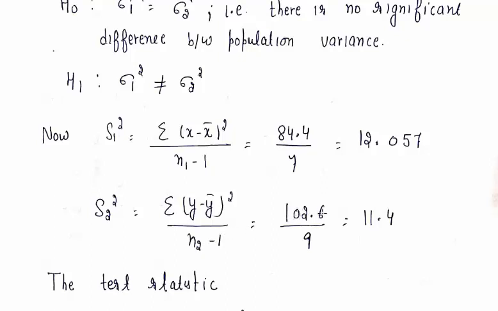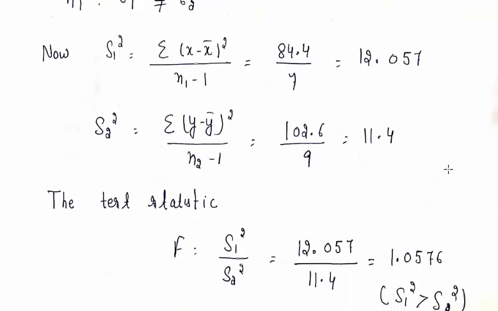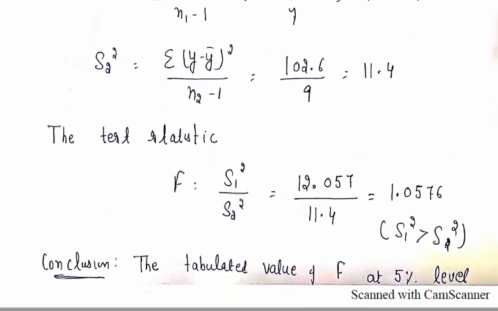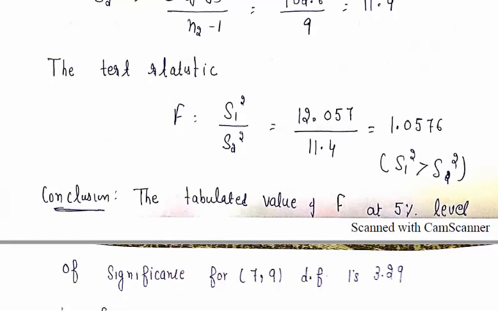This equals 102.6 divided by 10 minus 1, which is 9. If we divide these, this equals 11.4. Now since S1 square is greater than S2 square, F is given by S1 square over S2 square. If we divide these two, the answer is 1.0576.